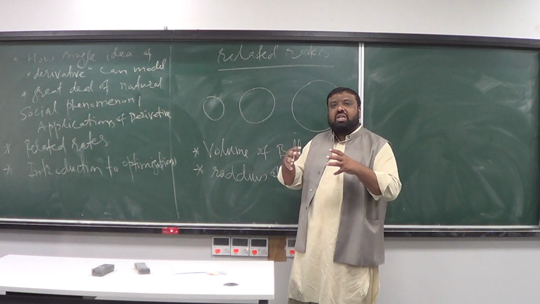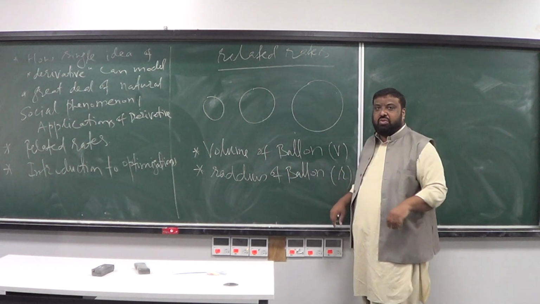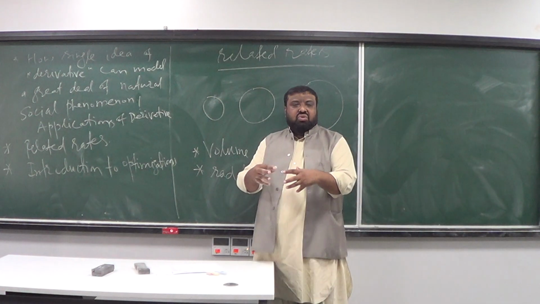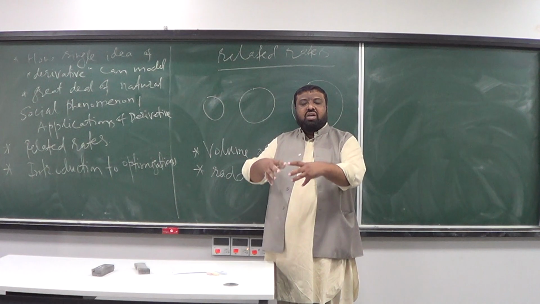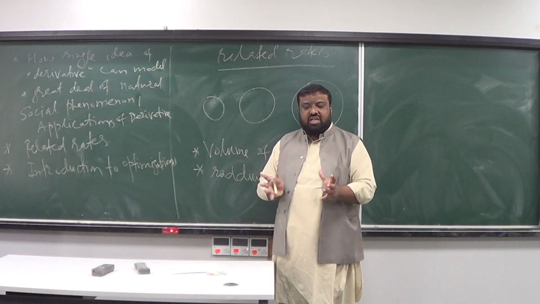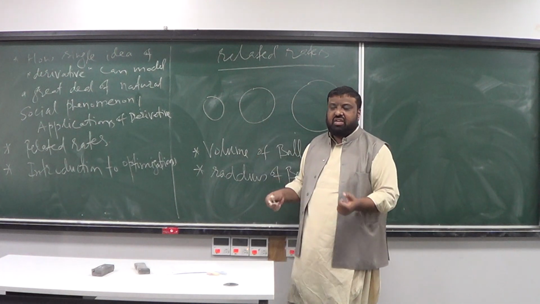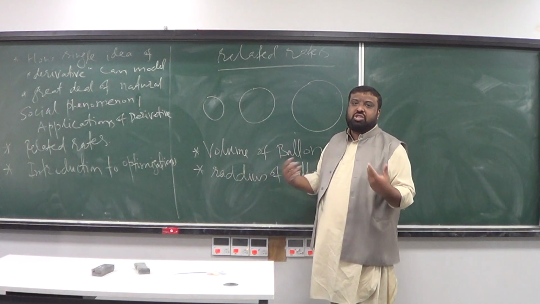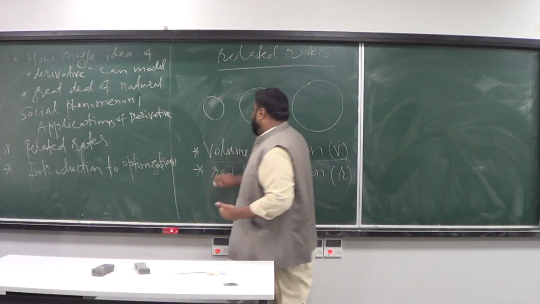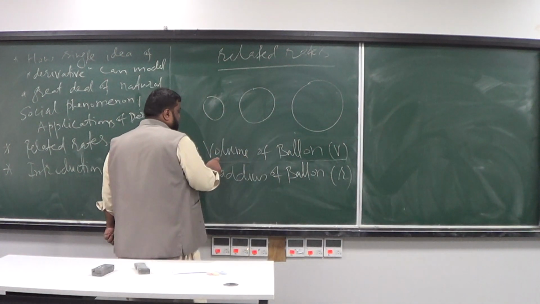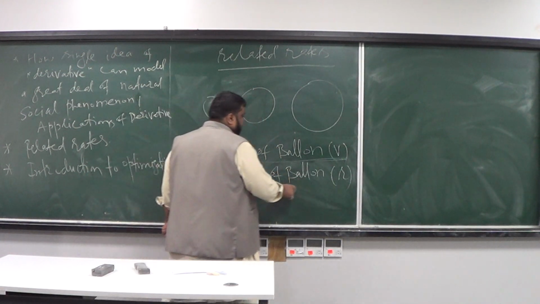But what is easy to measure is the volume of the balloon, because it's pretty easy to say how much space the balloon occupies. So this is easy to calculate and easy to measure, while the radius is difficult to measure.